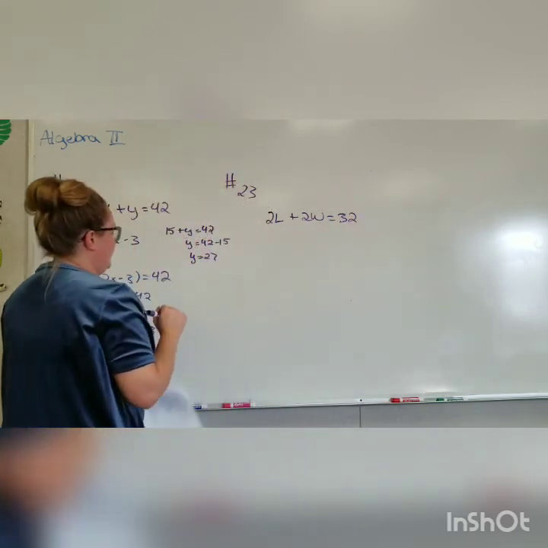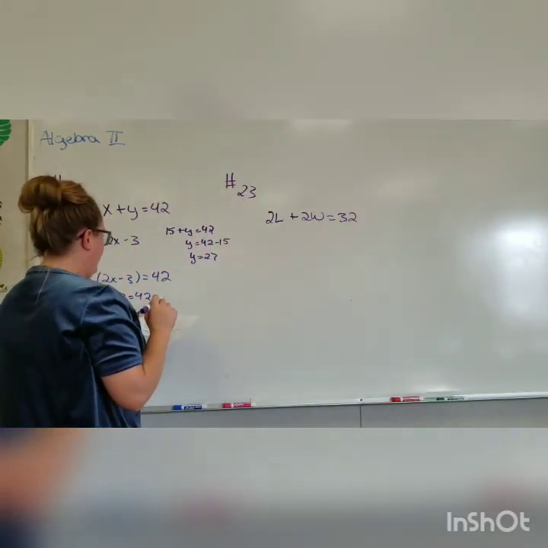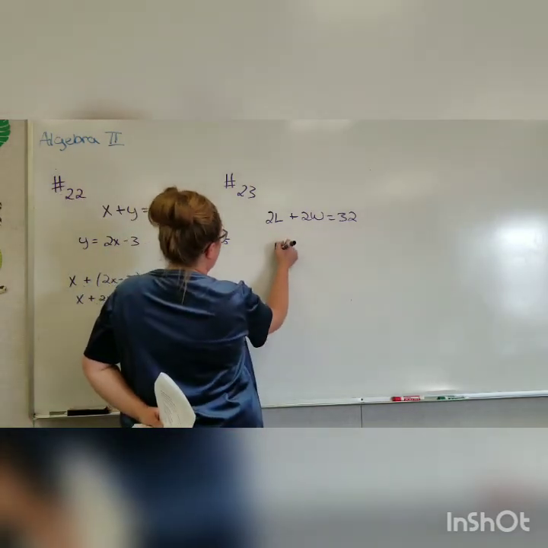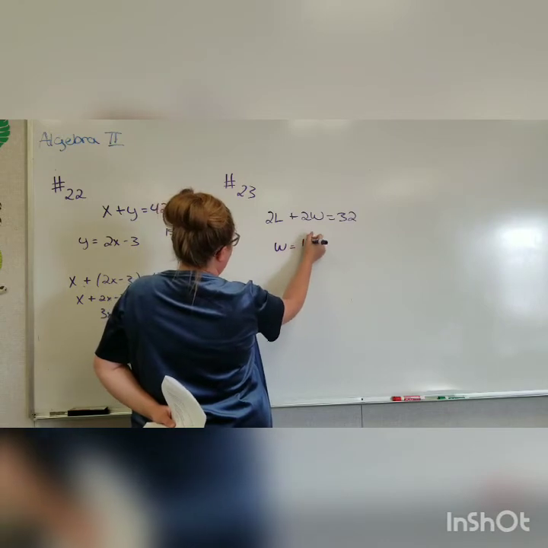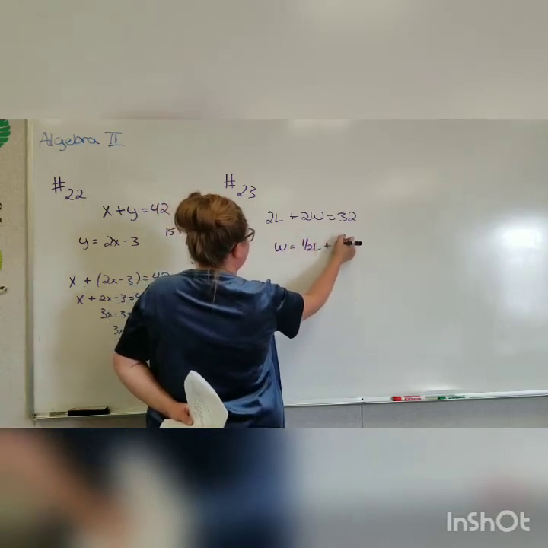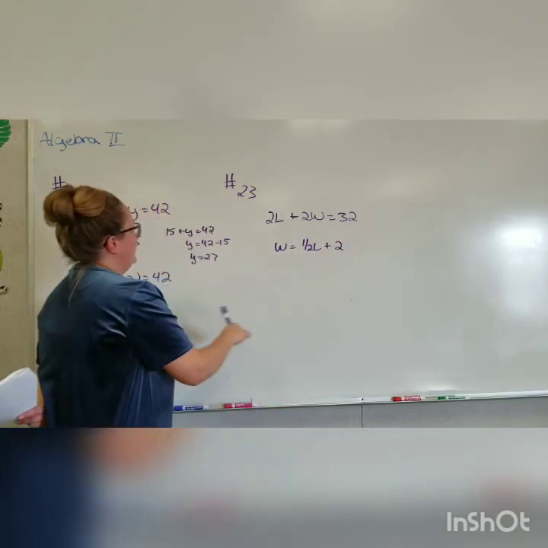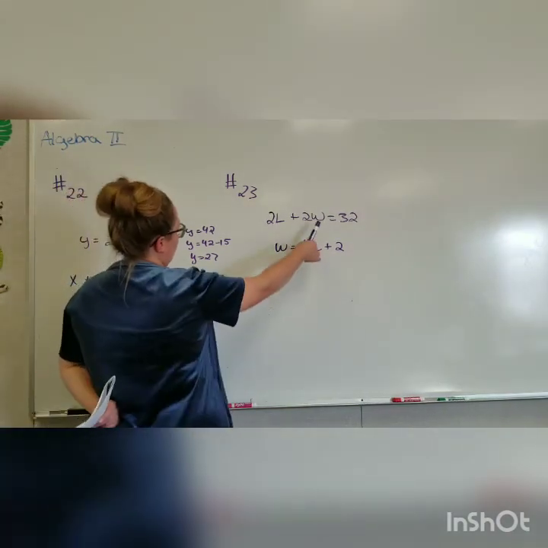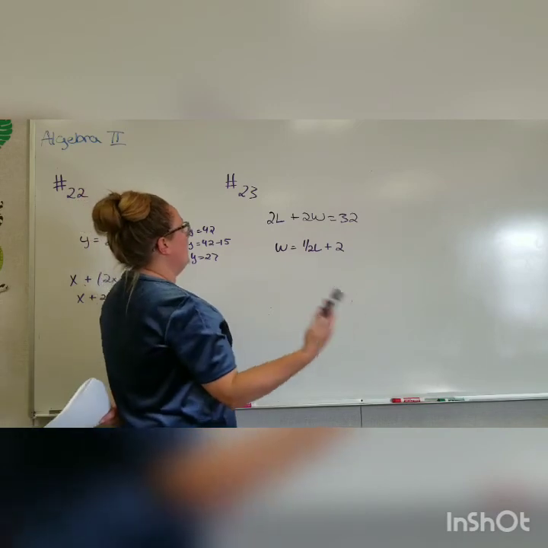The other equation is that the width of the pin is 2 more than 1/2 the length. So the width is equal to 1/2 of the length plus 2. So again, this is set up perfectly for substitution. Where W is at in the first equation, I'm going to put 1/2 L plus 2.